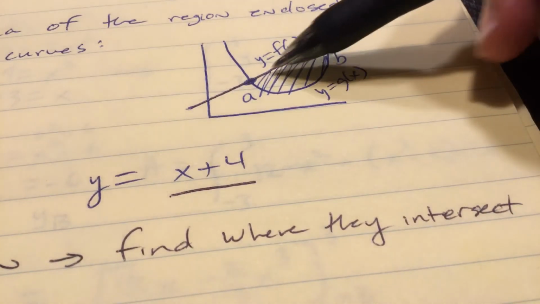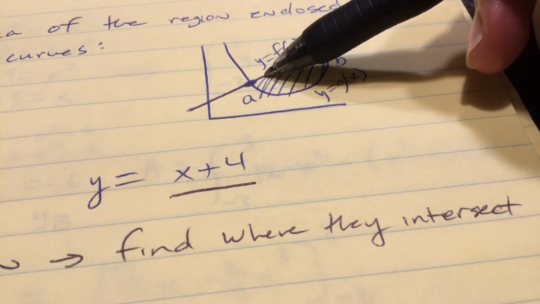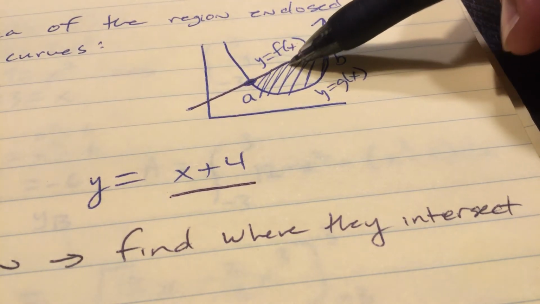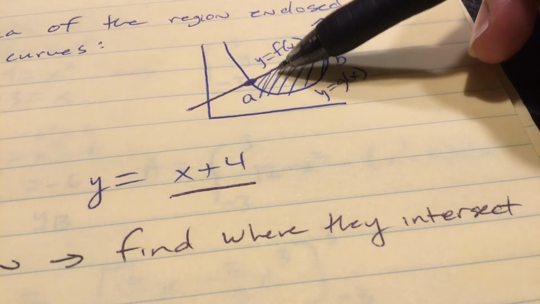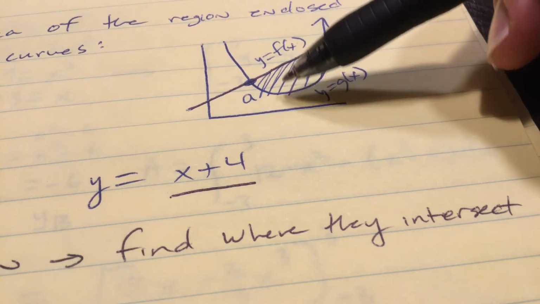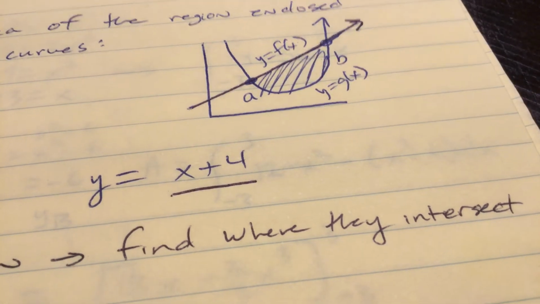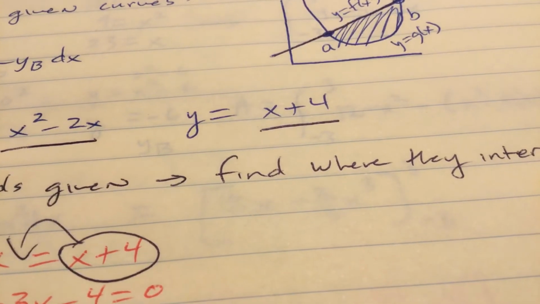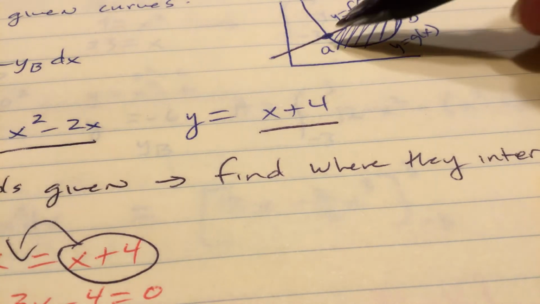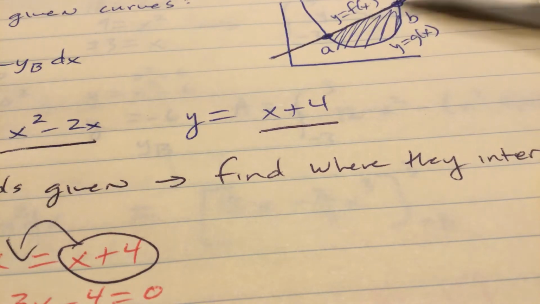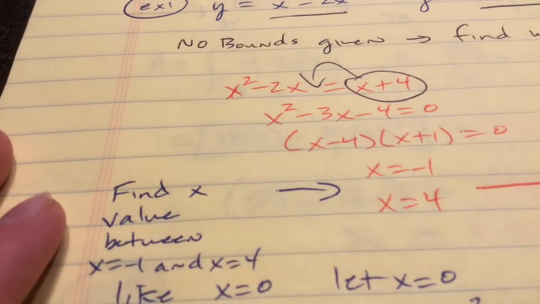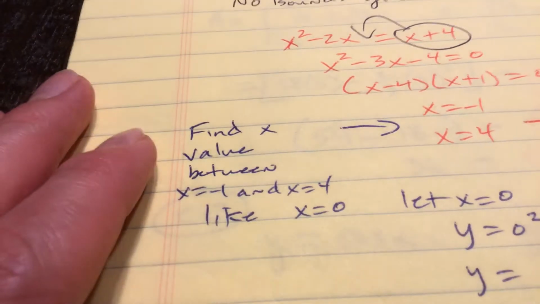See, it doesn't matter on this curve if I pick x equals 3, x equals 4 or x equals 6, it doesn't matter which of those x values I pick. y equals f of x will always have a bigger y value than y equals g of x. So I can pick any one, and I won't pick -1 or 4 because at -1 and 4 they would tie. That's where they intersect. So I have to pick an x value between -1 and 4.